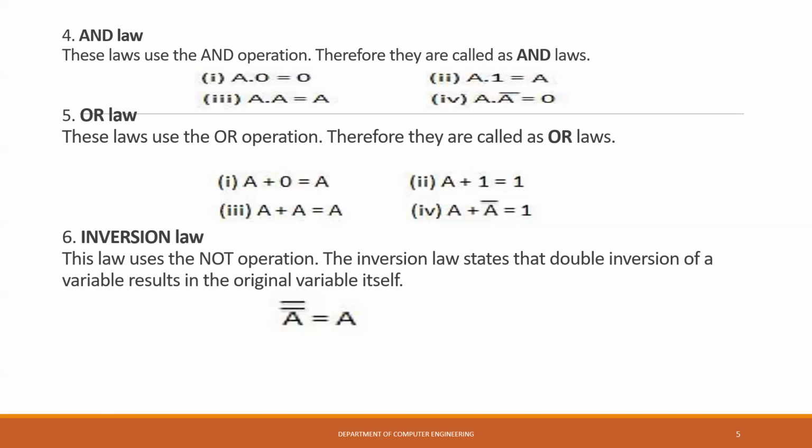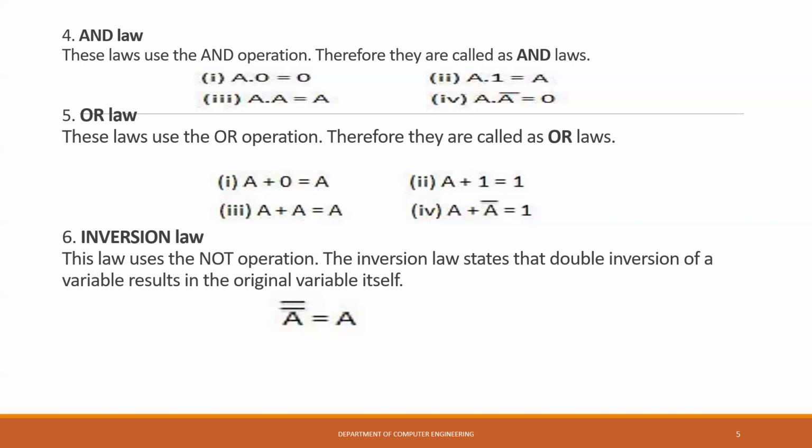The answer depends on variable A. The second one, A plus 1 is equal to 1. Similarly, A plus A is equal to A. And the fourth one is A plus A complement is equal to 1. Means 1 plus 0 condition or 0 plus 1 condition, we get the answer as 1.